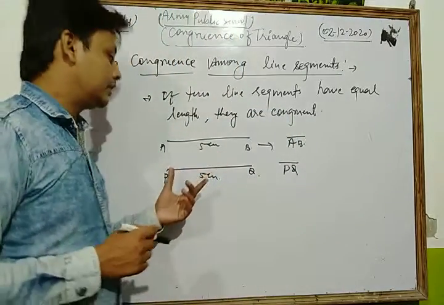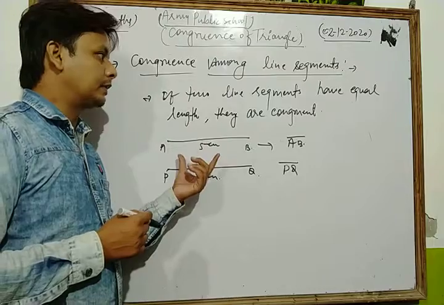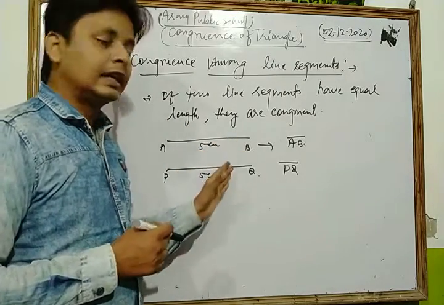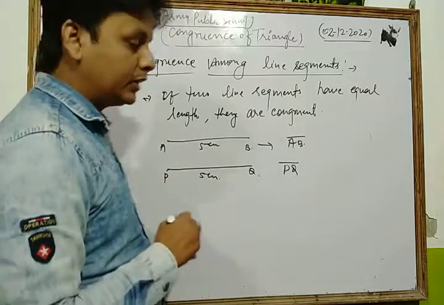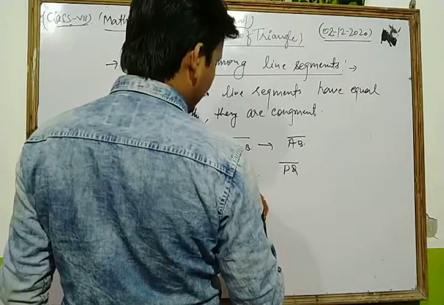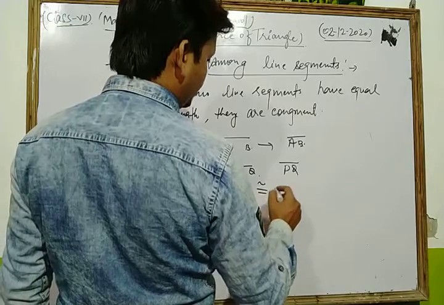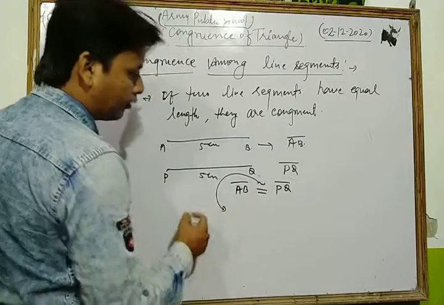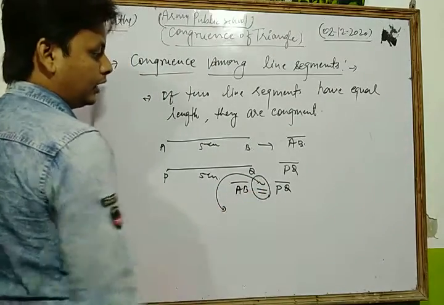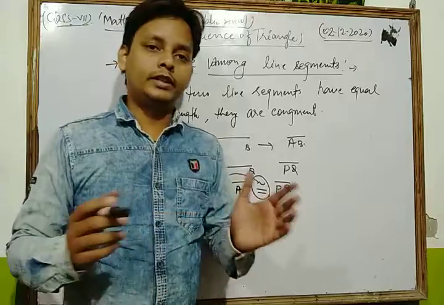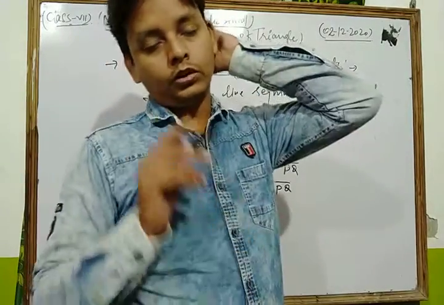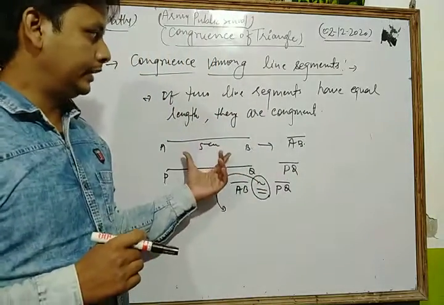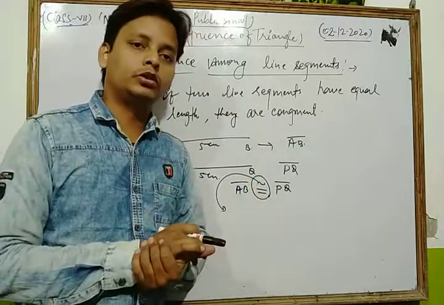So in this way, two line segments have equal length, 5 and 5, then they are said to be congruent to each other, and we can write it in this way: line segment AB is congruent to line segment PQ. This is the symbol of congruence. So for congruence of line segments, if two line segments have equal length, then they are said to be congruent to each other.